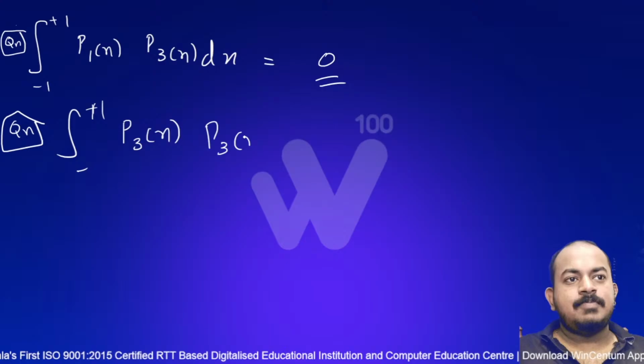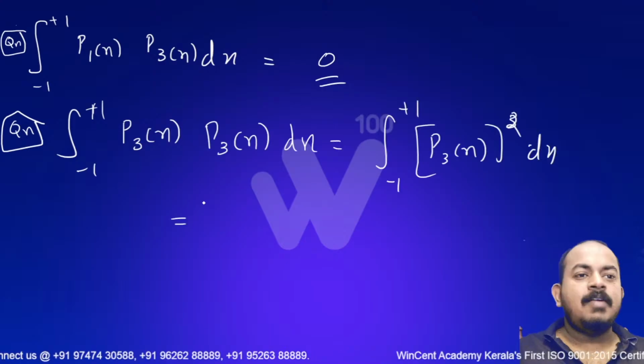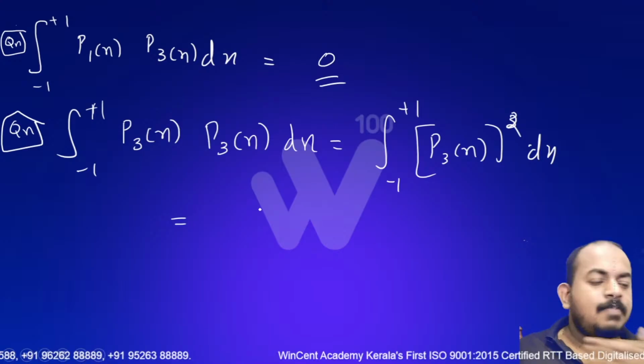So here m is equal to n, so the form will be 2 upon 2n plus 1, which is equal to 2 upon 2 times 3 plus 1, that is 2 upon 7. This is the answer.